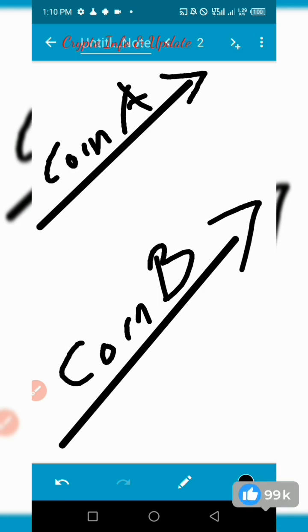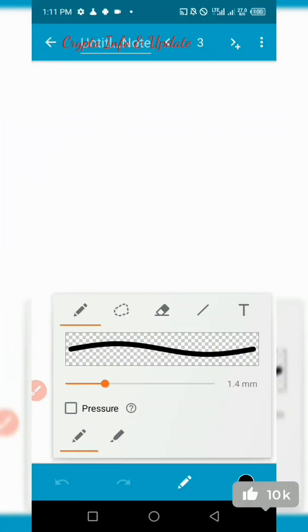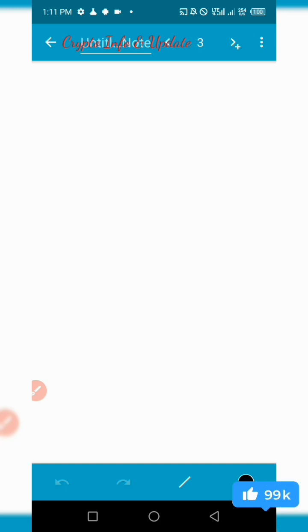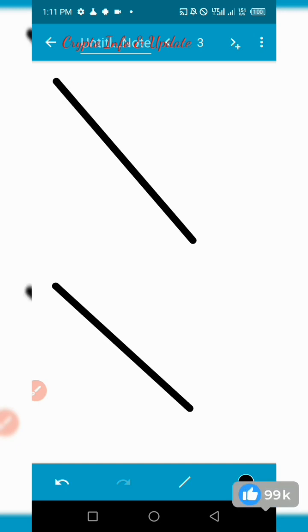Do you understand? Let me show you another illustration. This is the same direction, uptrend. Let's look at another scenario or case study. All right, guys. So this is a downtrend. This is another downtrend.